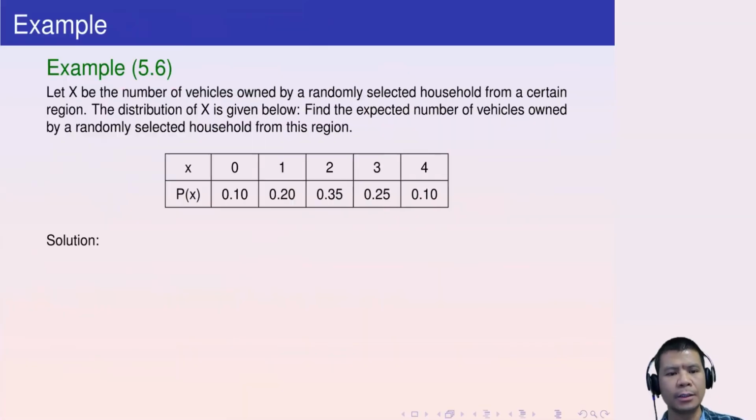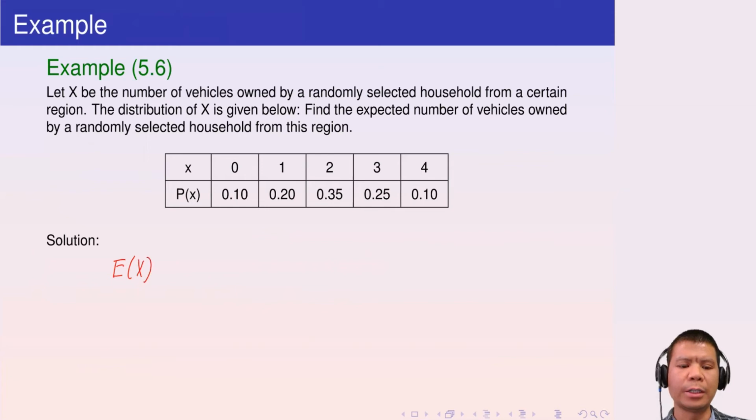All right. Now let's consider another example. Let X be the number of vehicles owned by a randomly selected household from a certain region. The distribution of X is given below. Find the expected number of vehicles owned by a randomly selected household from this region. Now how to find the expectation?